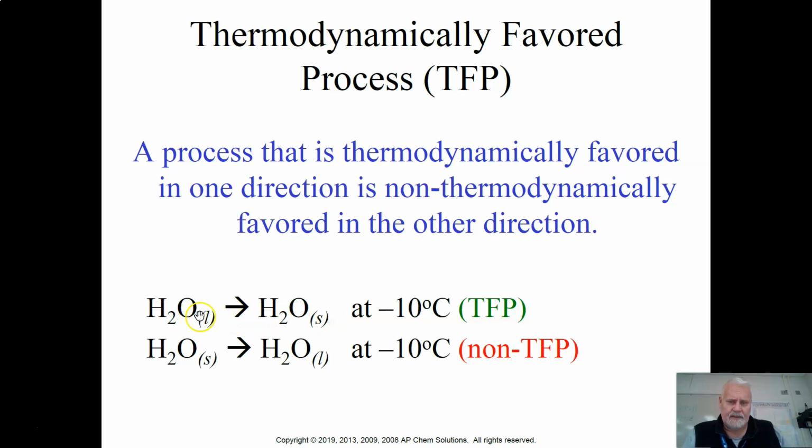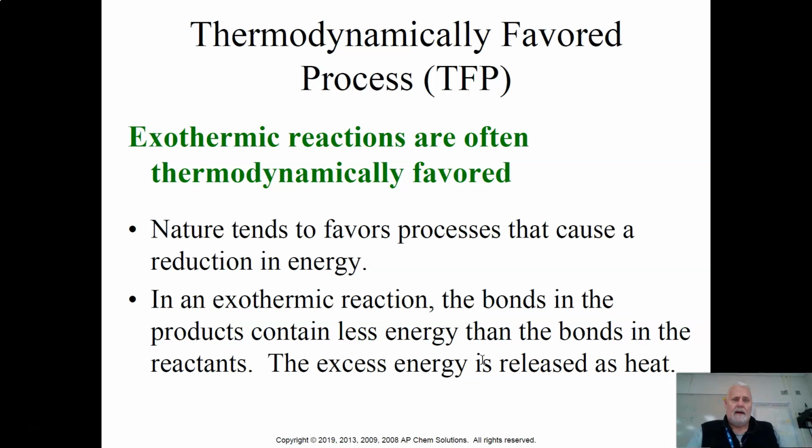So this becomes a thermodynamically favored process, a TFP. If you go from solid to liquid, that's melting. It's not going to melt at minus 10 degrees Celsius. It's just going to stay ice, so that is a non-TFP.